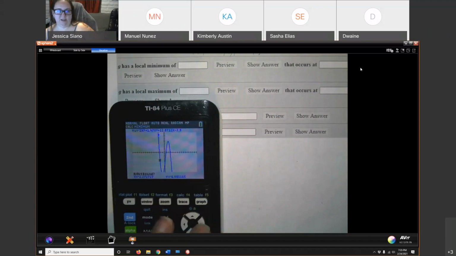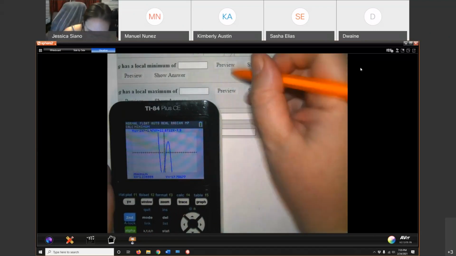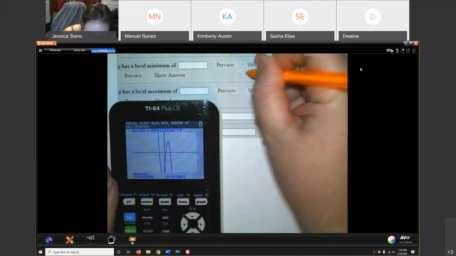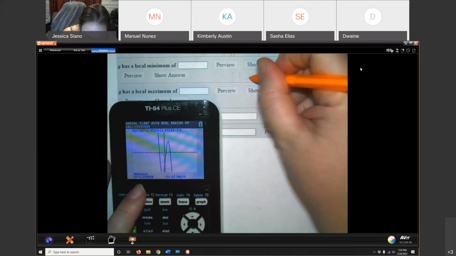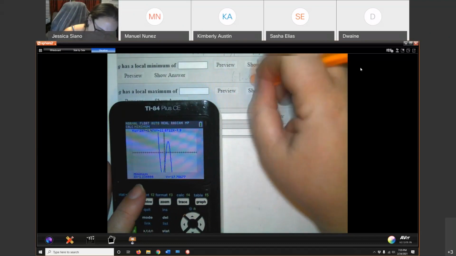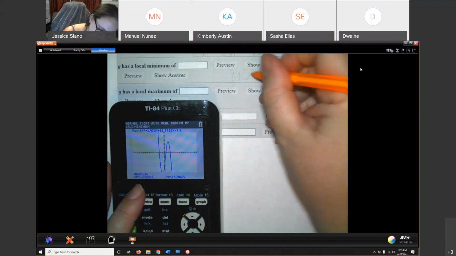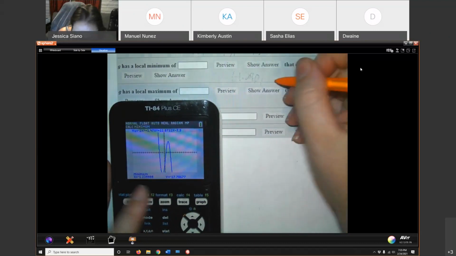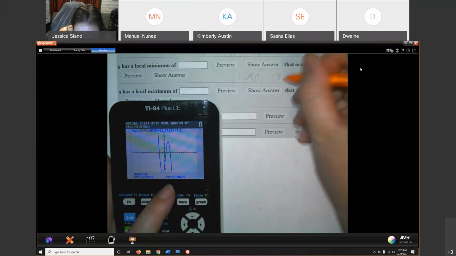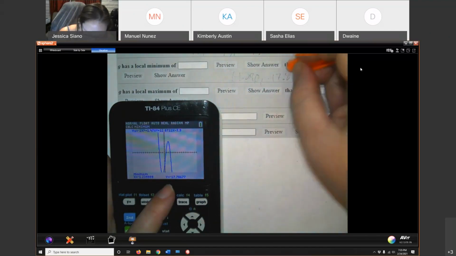Move it anywhere to the right and press enter. Enter one more time. So my minimum is at -1.240, that would be -17.787.